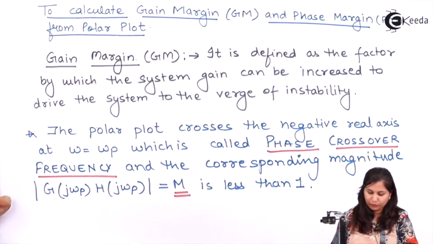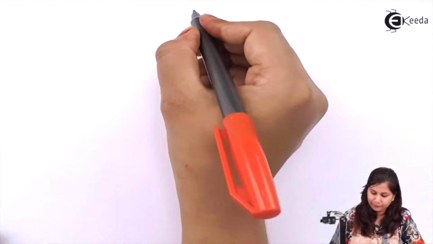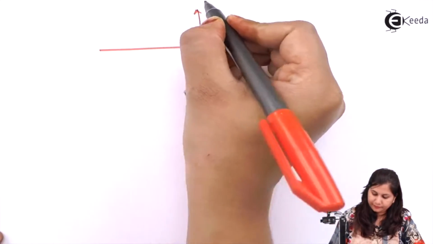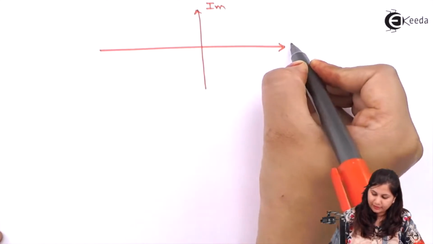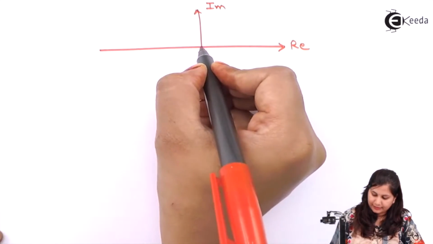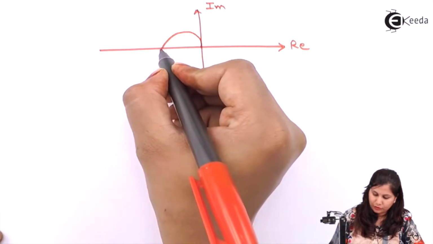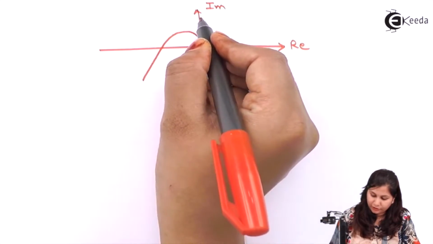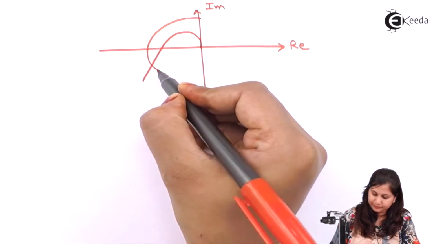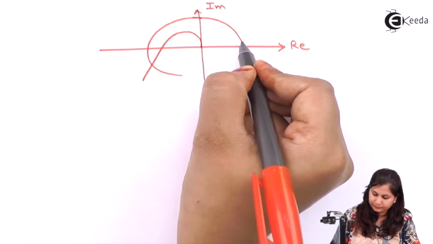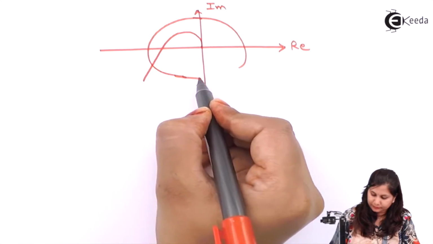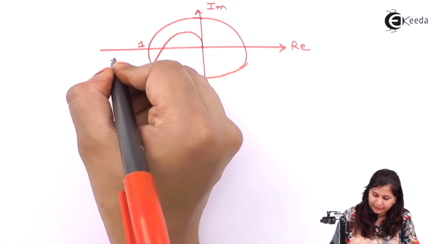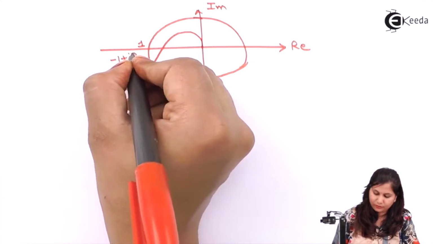If we see it on the polar plot, this is the imaginary axis, this is the real axis, and this is the polar plot. Now, if we have a unit circle here, then this point is -1 plus j0.